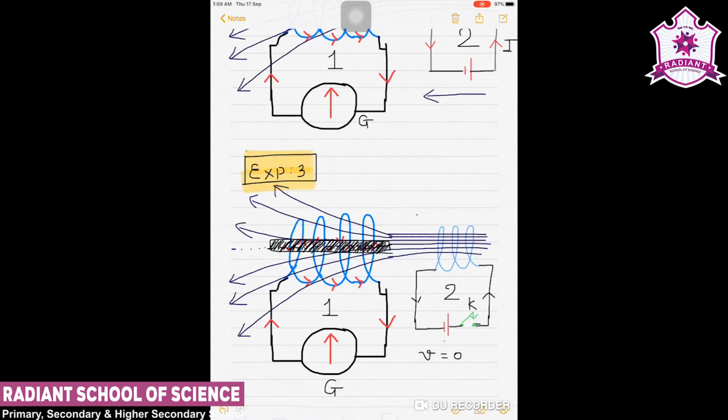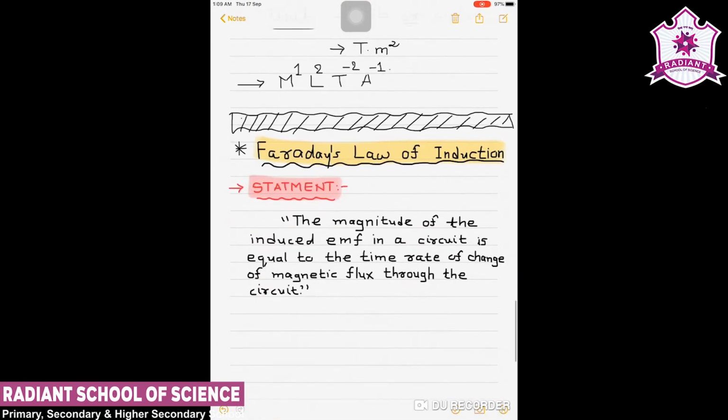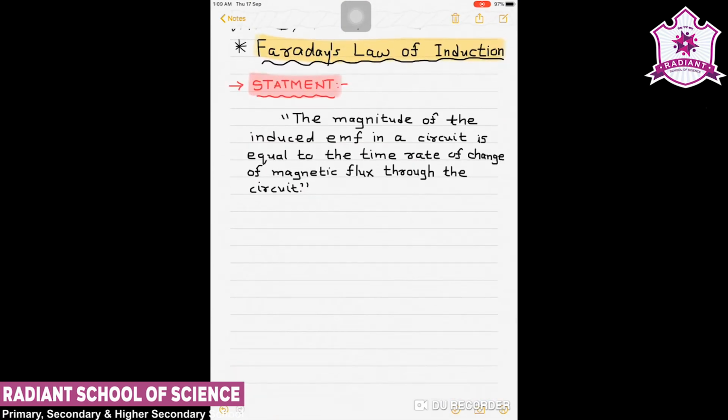So ultimately we can say that Faraday's result leads us to the following statement, which is called Faraday's law of induction. It is given as: the magnitude of the induced EMF in a circuit is equal to the time rate of change of magnetic flux through the circuit.